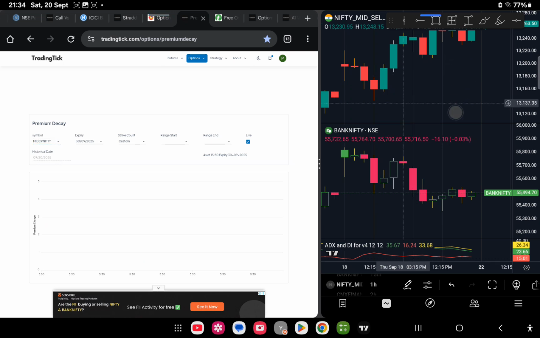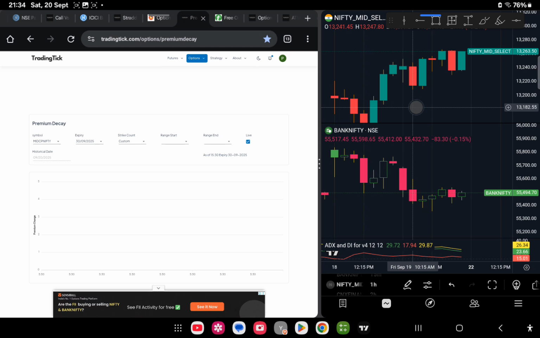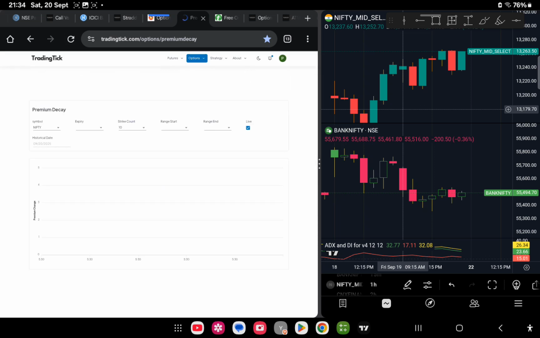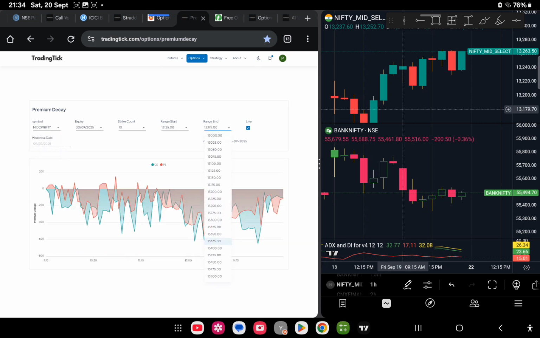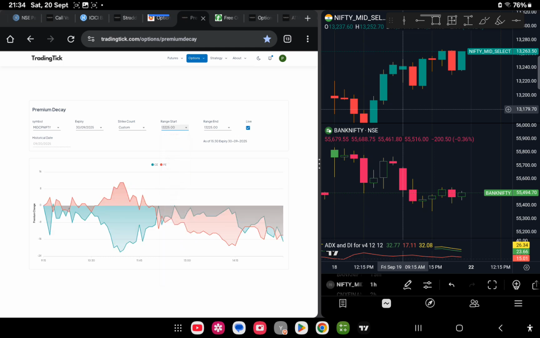If you see the Midcap, it's going higher high and we are at day 19. Okay, so open was 225, 13 to 25. So let me refresh it again. So let's select Midcap Nifty 13 to 25 on both the strikes, and then you could clearly see very sharp at 10:20 the sellers were on pace.